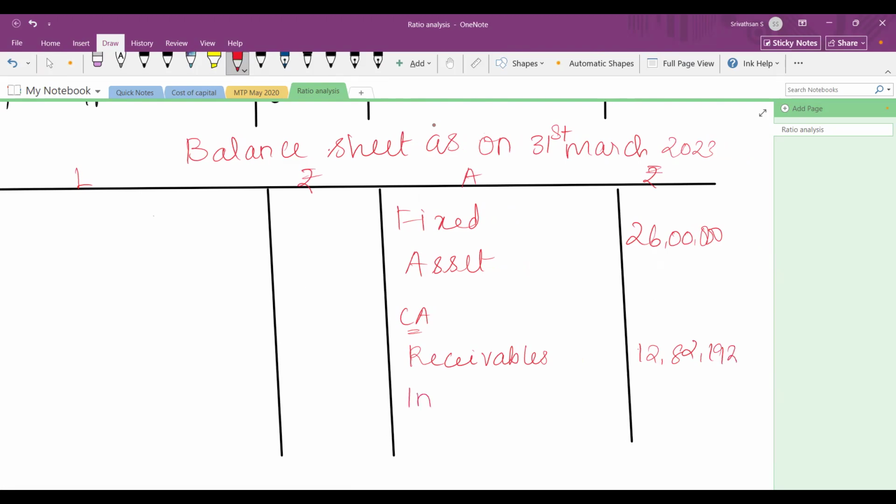Next, we have inventory. For inventory, you show the bifurcation of raw material inventory and finished goods inventory.